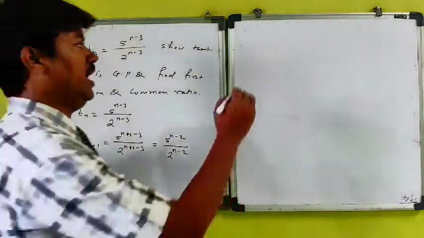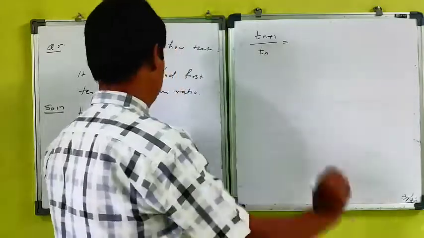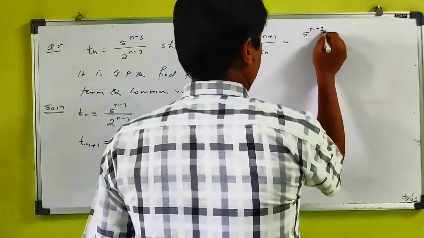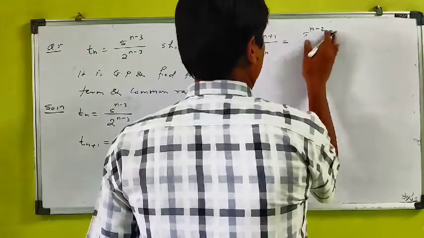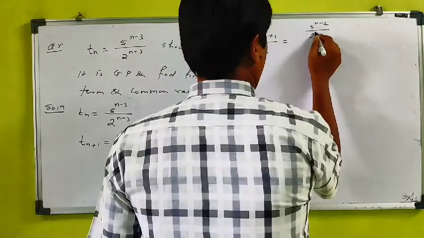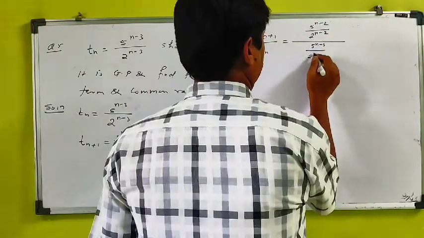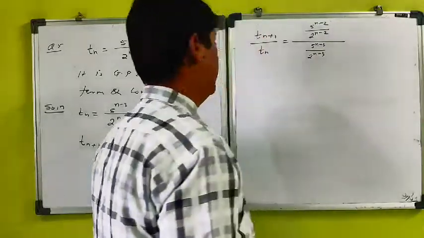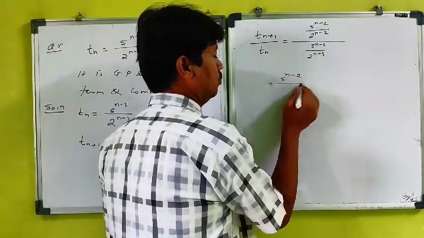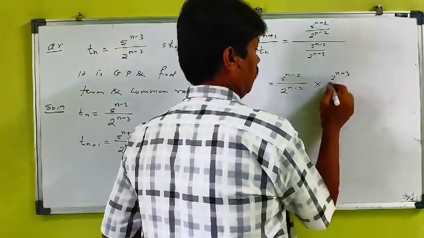So now Tn plus 1 upon Tn will be 5 raised to n minus 2 upon 2 raised to n minus 2, divided by Tn, which is nothing but n minus 2 into.